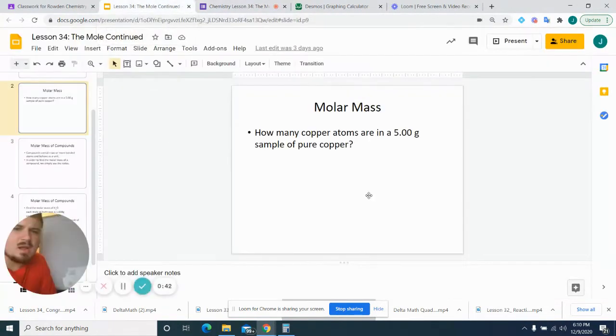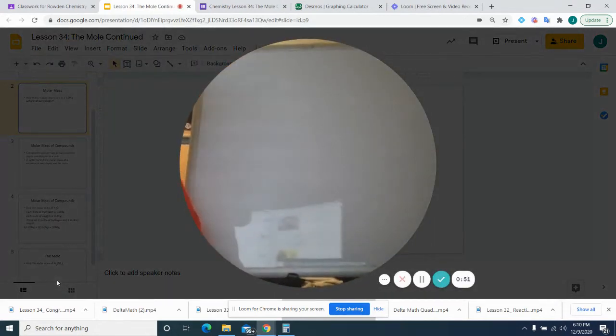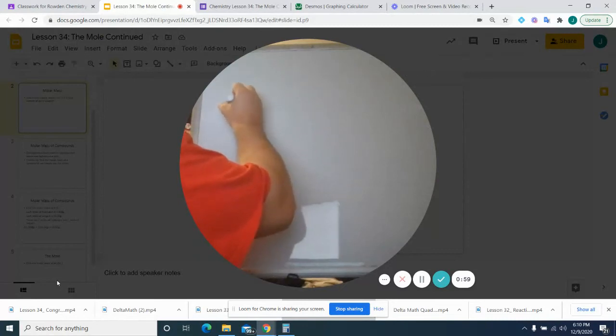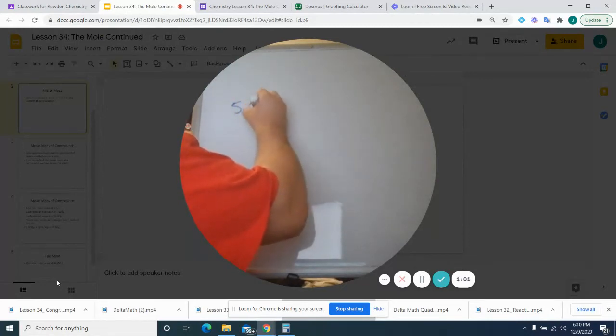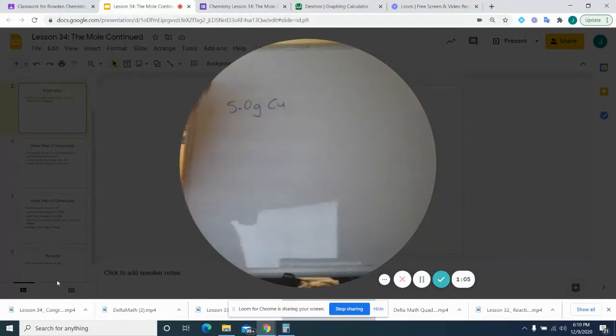Okay, so how many copper atoms are in 5.0 grams of pure copper? Let's look at how we would do this. If we have 5.0 grams of copper, how can we figure out how many atoms we have in there?